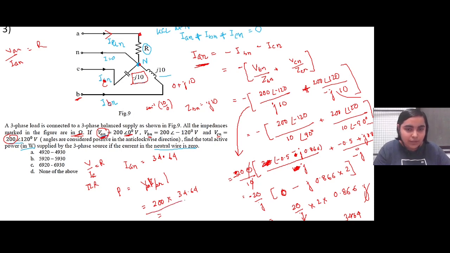So there is no multiplication by 3 because it's just one branch which is resistive, contributing to the active power. So it is 200 into 34.64, 6928 watts, which is in this range, option C. So this is the correct answer.